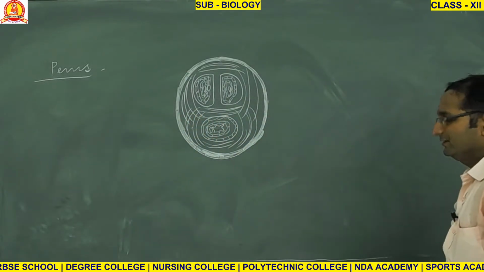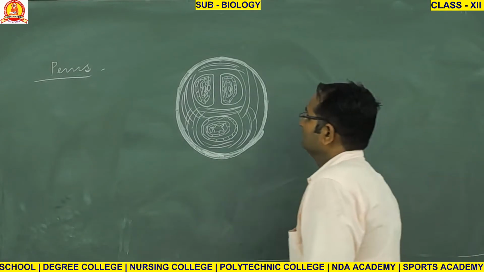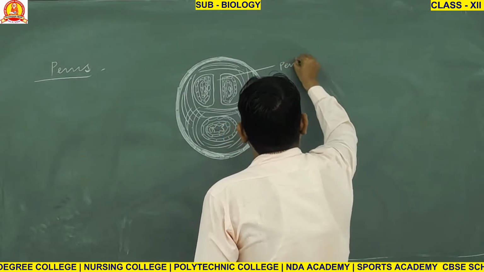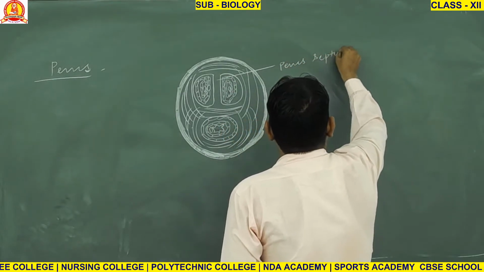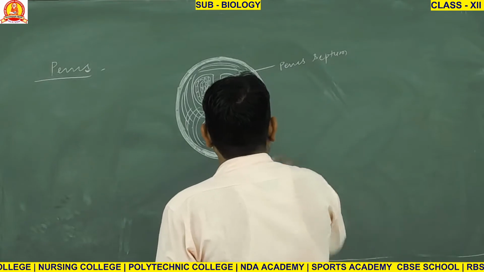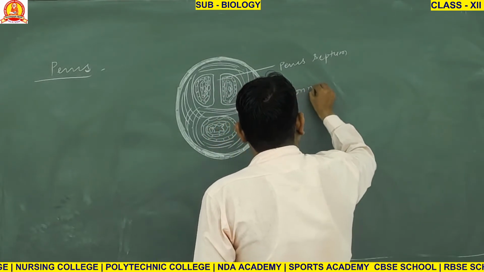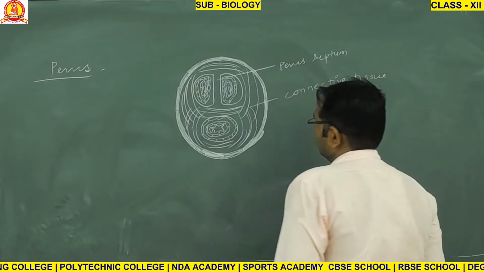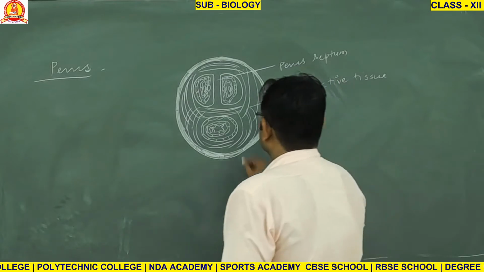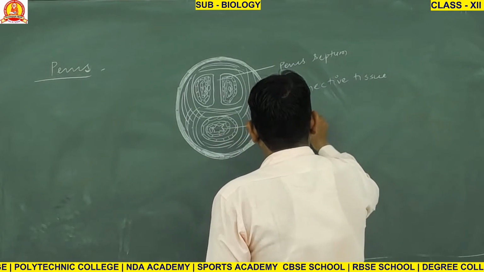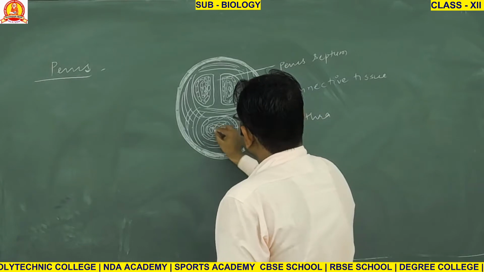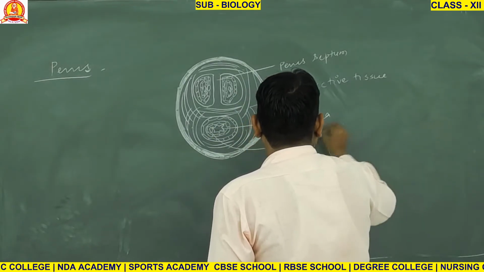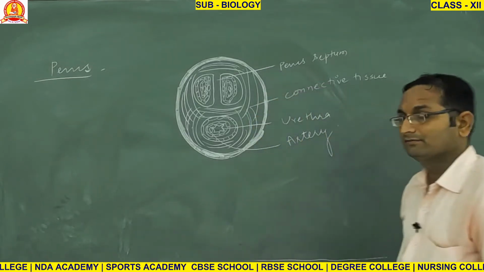Then this is known as the penis septum, connective tissue. Then after this, urethra, then artery.